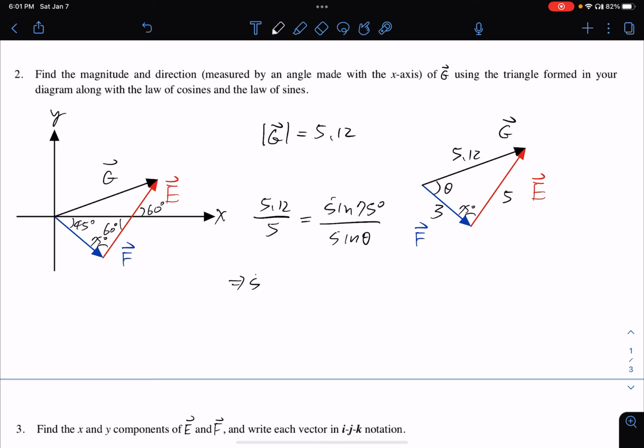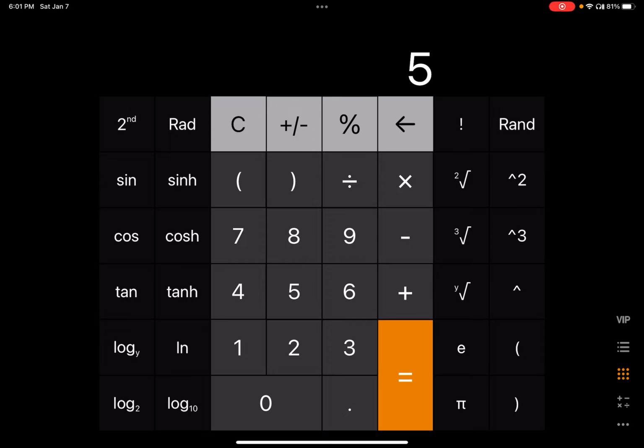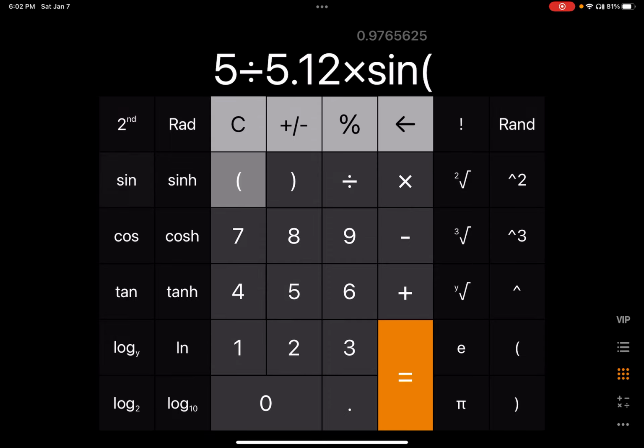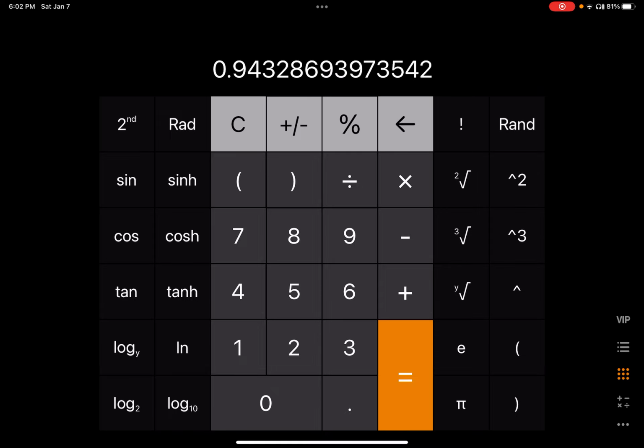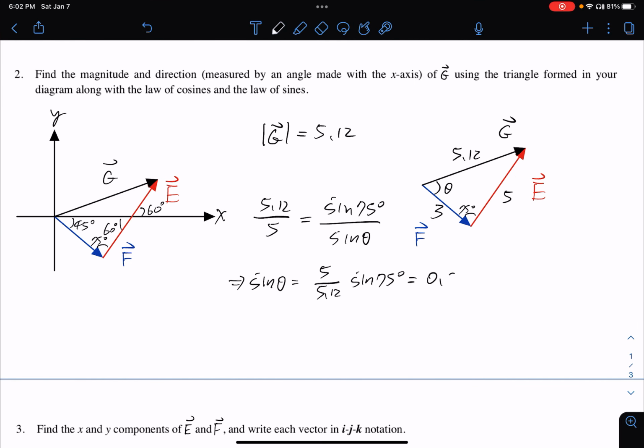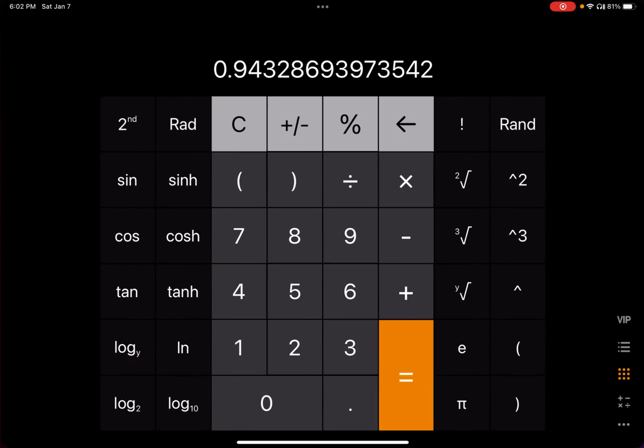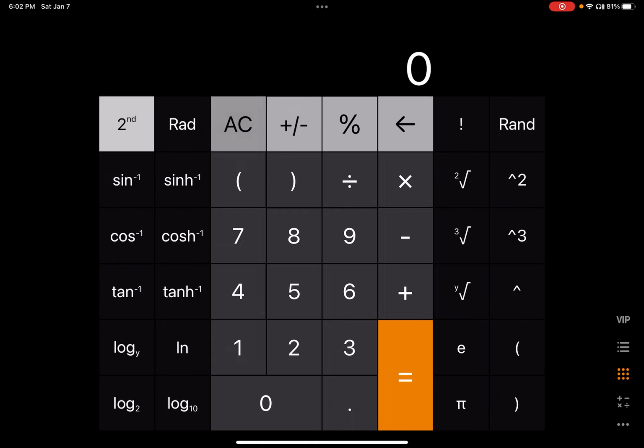So we can solve for sine theta, which is 5 divided by 5.12 times the sine of 75 degrees. Let's press the calculator and see that the answer is about 0.943. So the angle over here will be about 70.6 degrees.